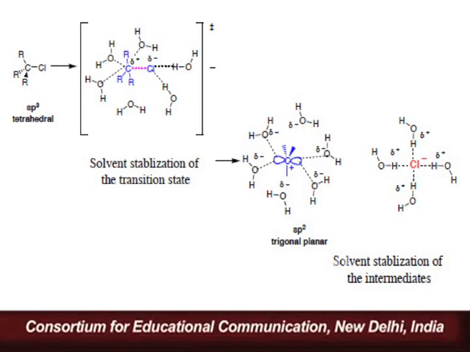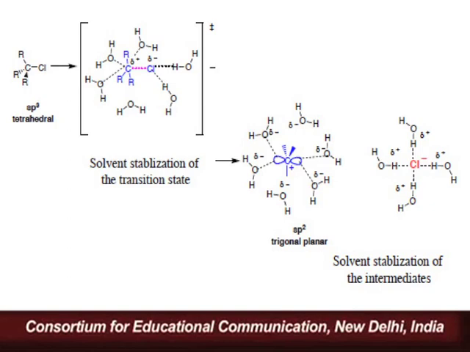In this case, the charge separation between the carbon and halogen is great, because here the chlorine is departing with the bonding pair of electrons, as a result of which there is bond stretching and more positive charge is developed on the carbon, and the halogen has more negative charge as compared to the reactant.